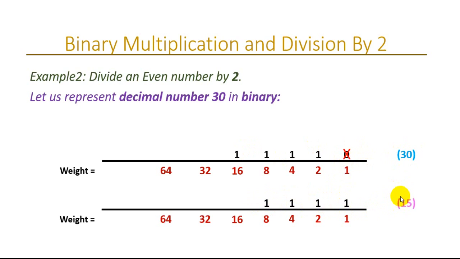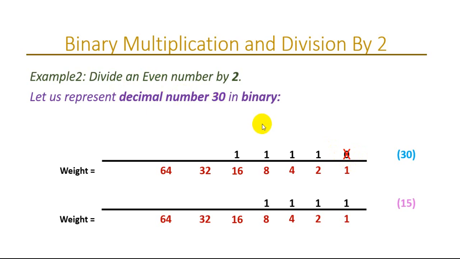We didn't go through the normal division method. Basically by removing the last digit, we have made the division, just like by adding the 0 or 1, you're multiplying by 2. So that's the even numbers division.